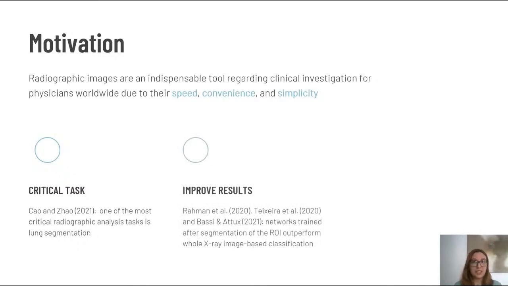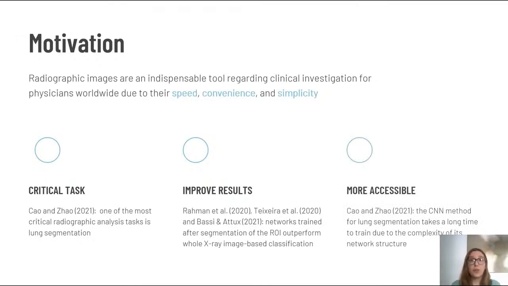Many authors have shown that applying a lung segmented image to a neural network for a classification problem actually improves the results. So we hope that our method can help to produce better results in classification problems for diseases such as COVID-19 and tuberculosis, for example.